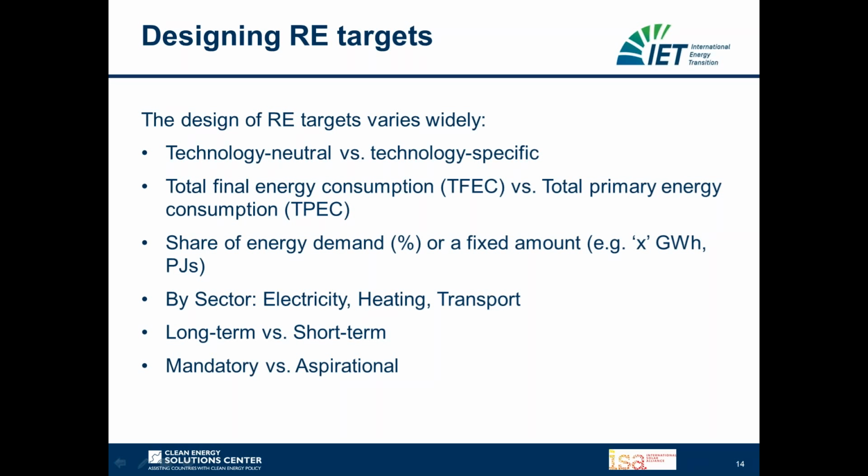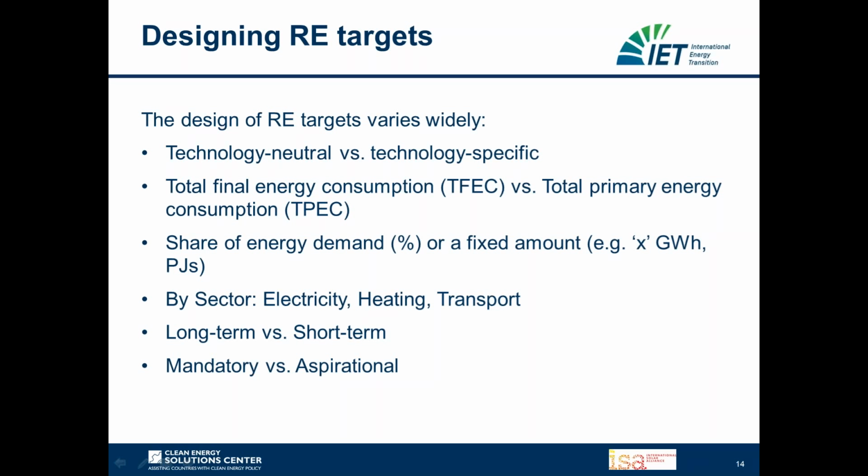You can also define them as a share of energy demand versus a fixed amount of installed capacity, for instance, gigawatt hours or other units. You can also define them by sector, with specific targets for the electricity sector, the heating and cooling sector, and the transport sector. And there's also the differentiation between long-term and short-term targets. We usually recommend having both short-term targets, let's say for 2020, 2025, 2030, but then also a longer-term outlook of how the power system will develop until 2050 or even beyond.